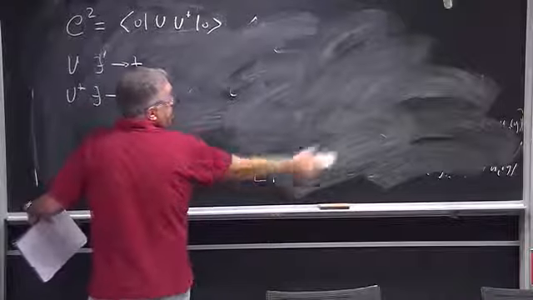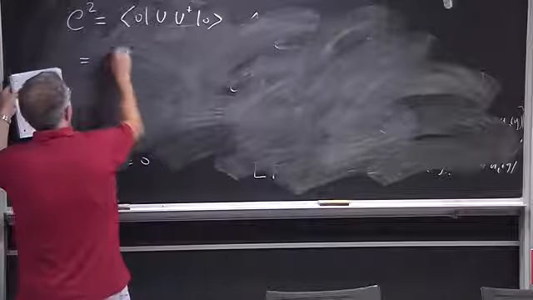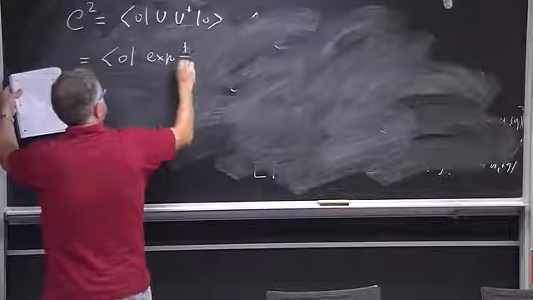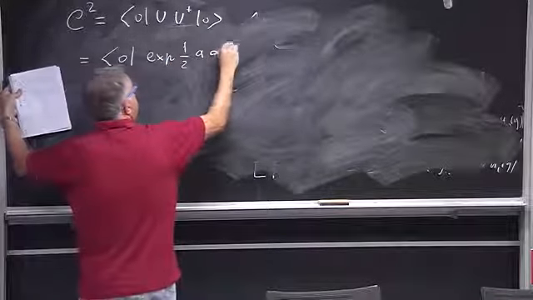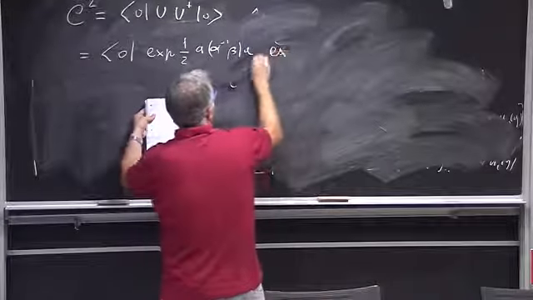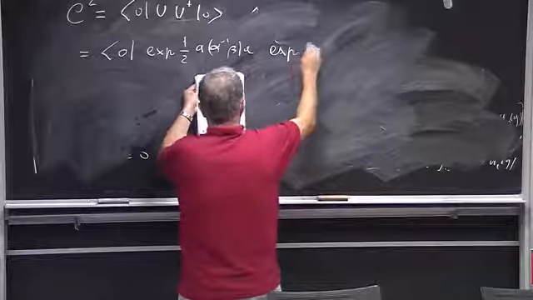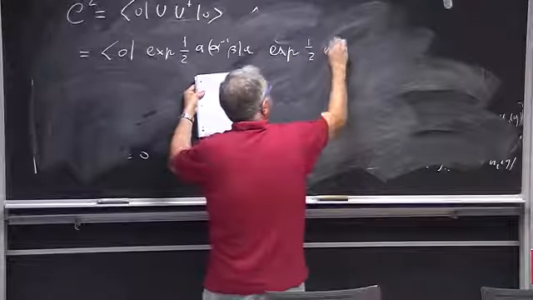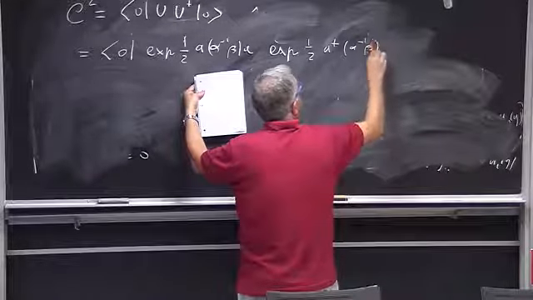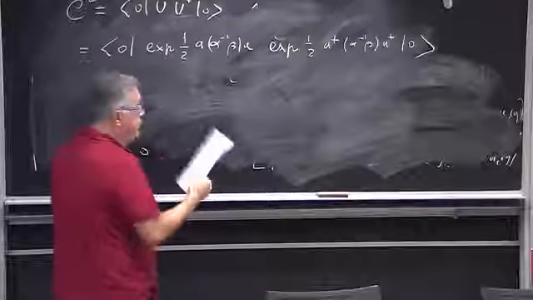And if you use the expression that we have written, this is going to be 0, exponential 1/2 A alpha minus 1 beta A, exponential, there's no more normal ordering because there is only A in this, exponential of 1/2 a dagger alpha minus 1 beta a dagger, 0. This is the quantity to be computed.